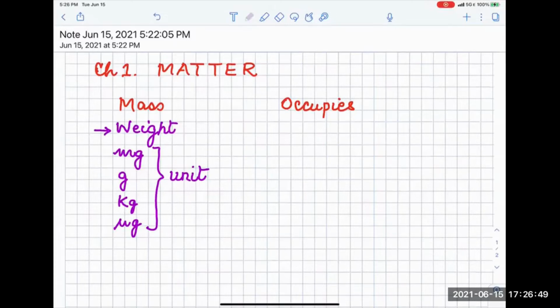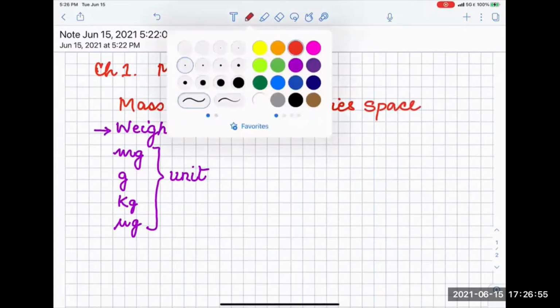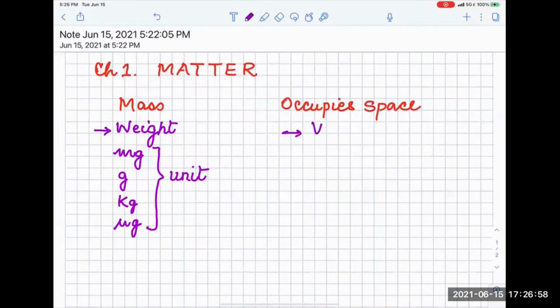Next is when it says it occupies space. When we say occupy space, we mean the volume. Volume is of two types. One is for the liquids and the other is for the solids.